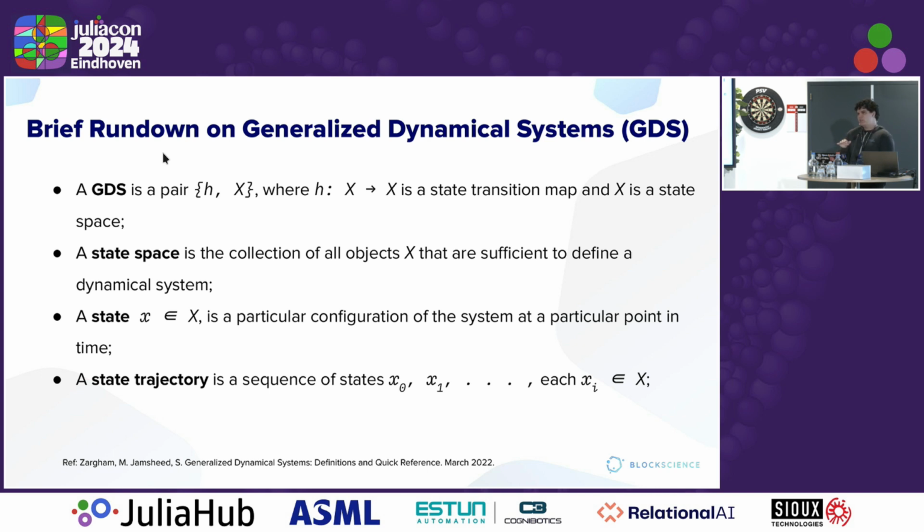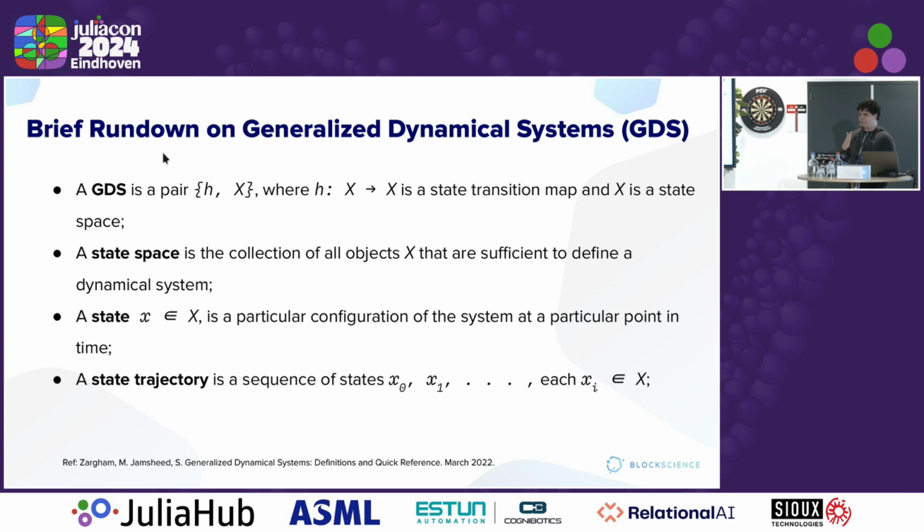So this is just to say formally that a GDS is a bunch of states that belong to the space of all possible states, future and past, and a function h that is basically the composition of all of the functions that time-evolve the system. And a GDS is that pair, the function and the space.